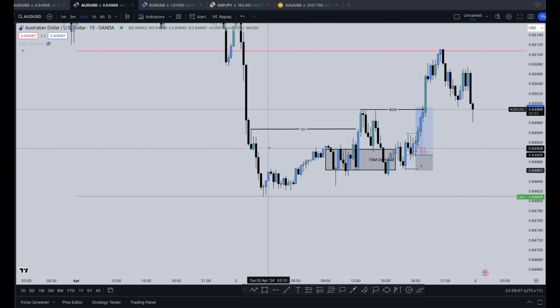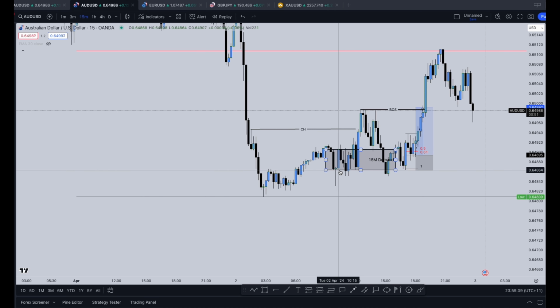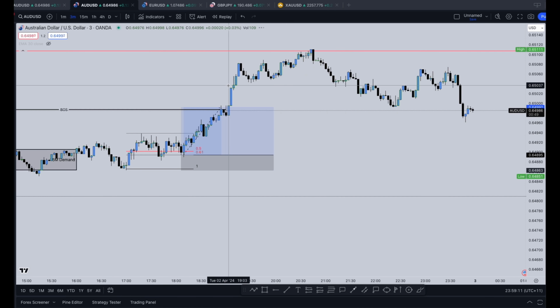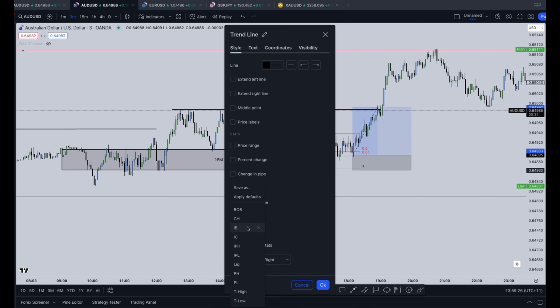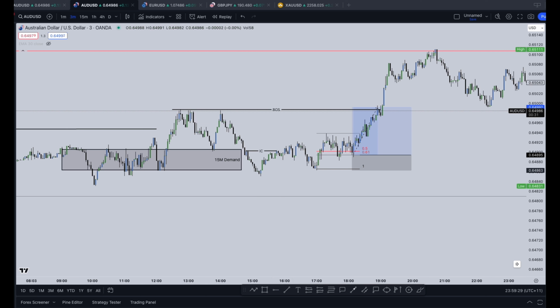Now, once we enter the 15-minute demand zone, what do we want to see? We want to see a 3-minute IC, right? First, let me make this a little bit clearer. Again, what did we have? We have this failure of the 3-minute.